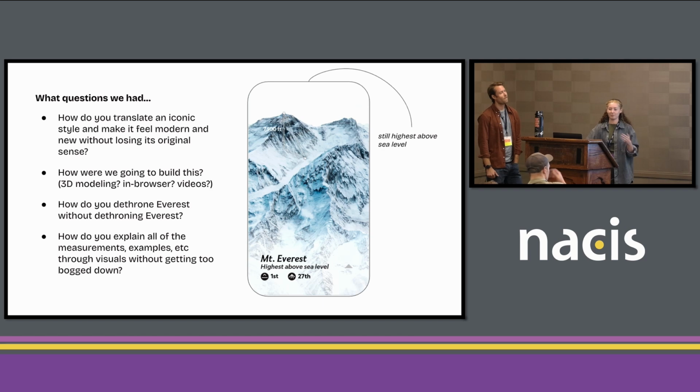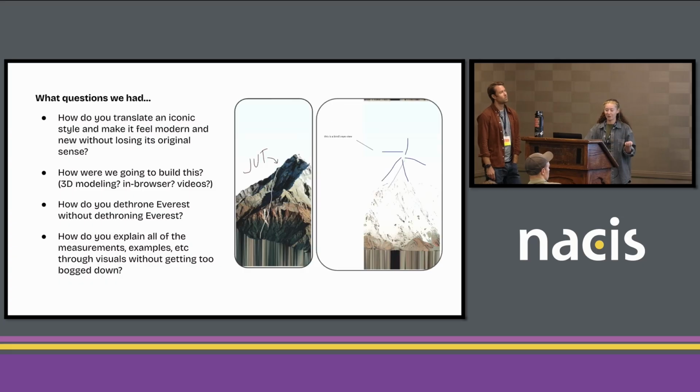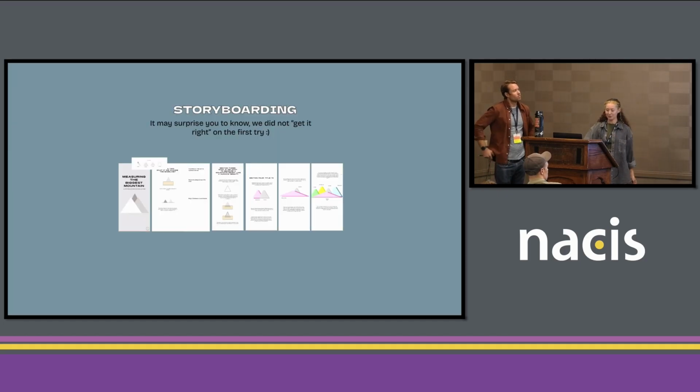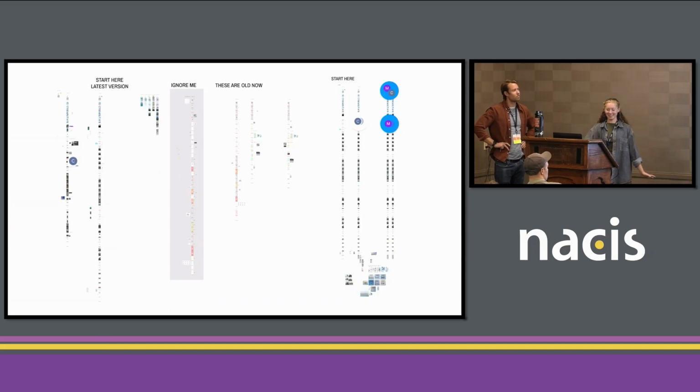But we wanted people to question that idea that height above sea level is the only measurement that is important or that matters. And then how do you take mathematical complex theories and make them visual? They have to easily make sense quickly as you're going through them. So it may not surprise you, but we had to do a lot of storyboarding, so much storyboarding.